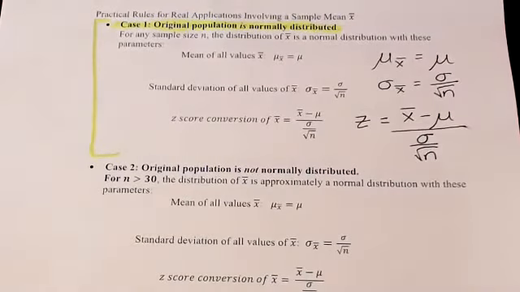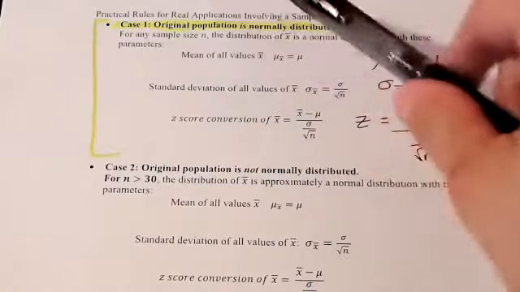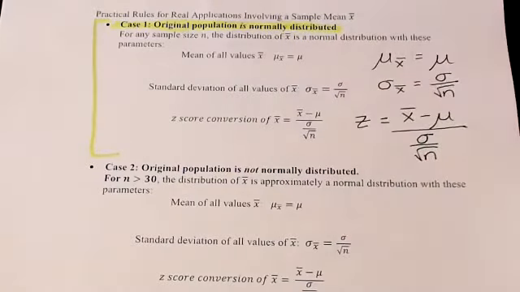So remember, you have to be told that the original population has mean mu and a standard deviation of sigma. And you also have to be told that you're taking simple random samples of the same size from the same population. That's what allows us to use this idea of the central limit theorem. For this particular set of formulas, we know that our population is normally distributed.